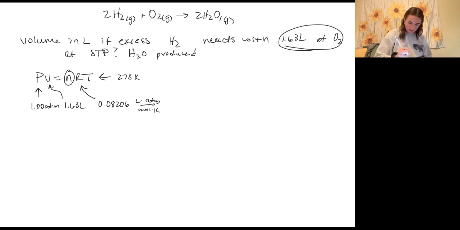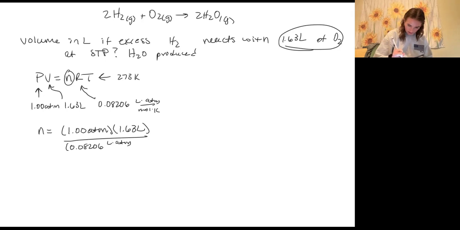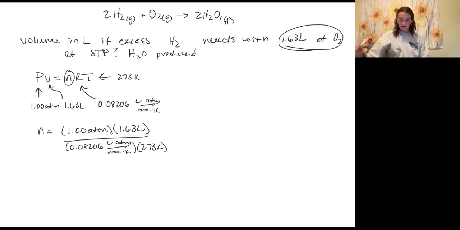Okay, so we can solve this for the number of moles of oxygen. So if we do this, n would be equal to this here. I don't remember how many moles that is. Could someone throw that in the chat real quick?